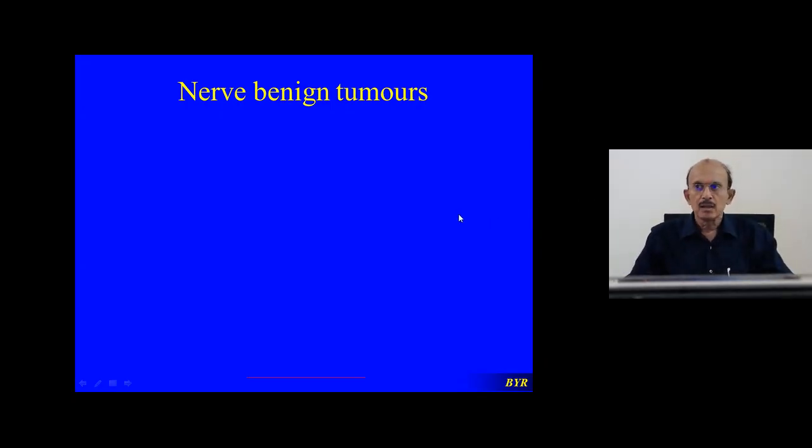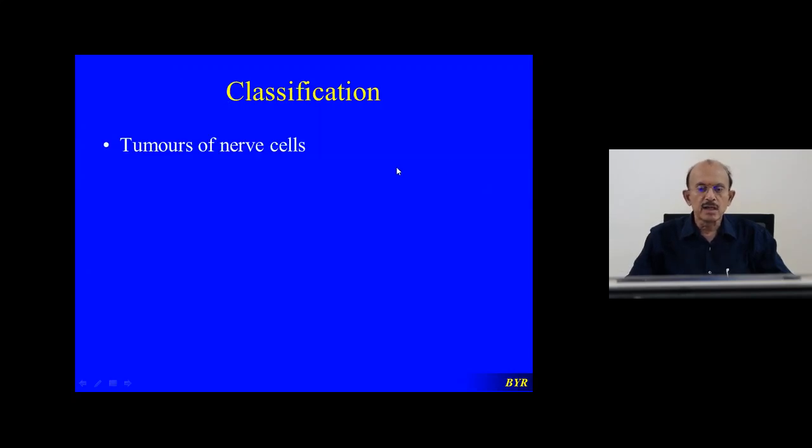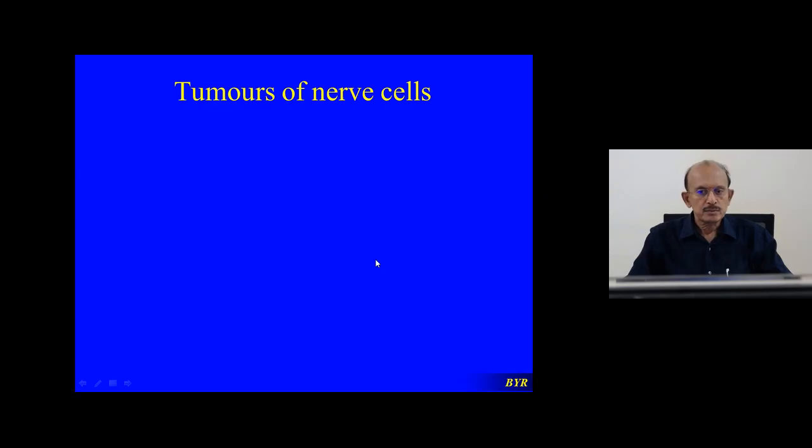Okay. Then now benign tumors. Classification: tumors of the nerve cells, tumors of the nerve sheath. Already I told you the nerves have nerve cells, and they have axons and dendrites. The axons are provided with a sheath.